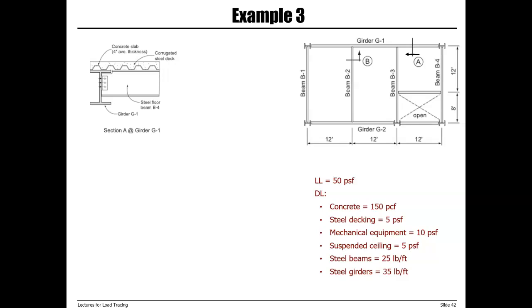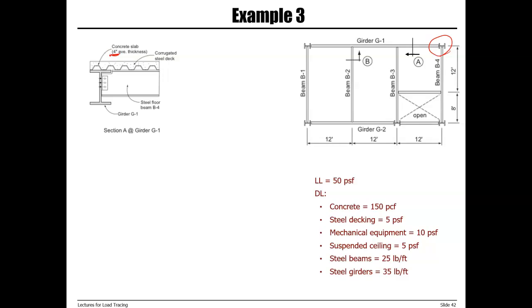So we need to look at the detail of the connection of beam to girder. So here we have beam B4 connected to girder G1. In this detail, which is here in our plan, we can also see the details of the flooring system, which consists of a 4-inch thickness slab, and then we have a steel deck.